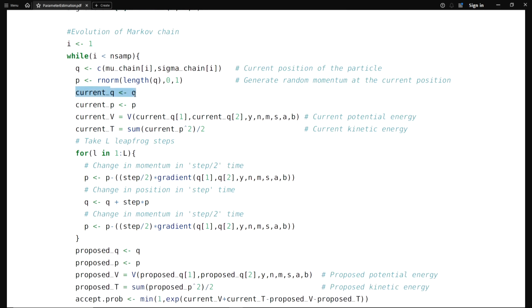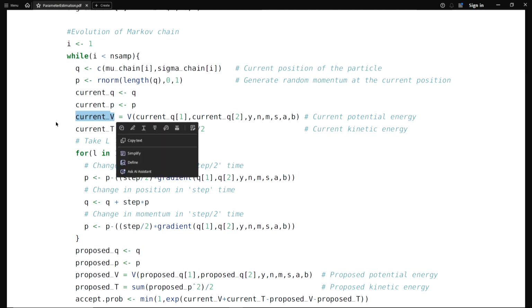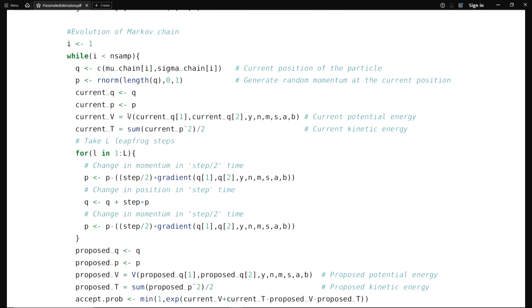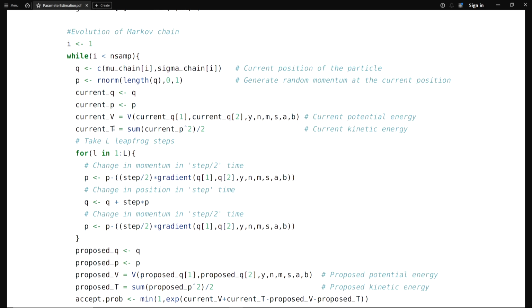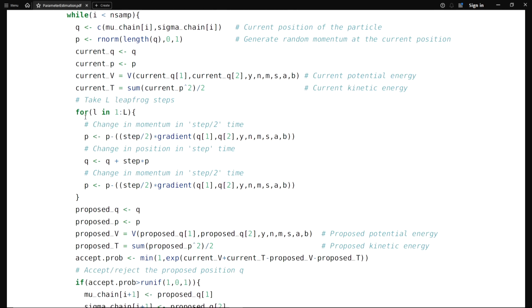Then I store the current Q and current P, and I can calculate the potential energy and total energy of the particle in the current state. This is the potential energy in the current state, this is the kinetic energy in the current state. What I have to do now is calculate the new position after time T. To do that, I discretize time into L leapfrog steps and iterate through each step.